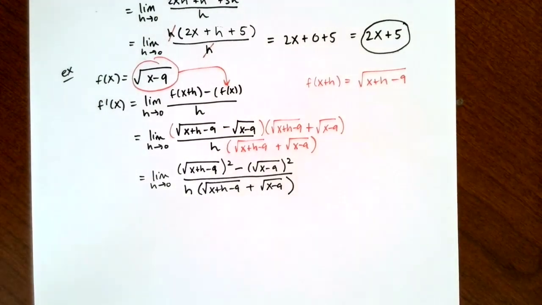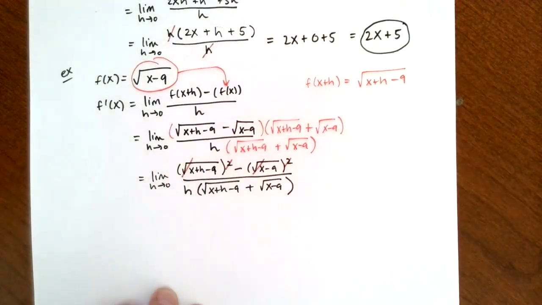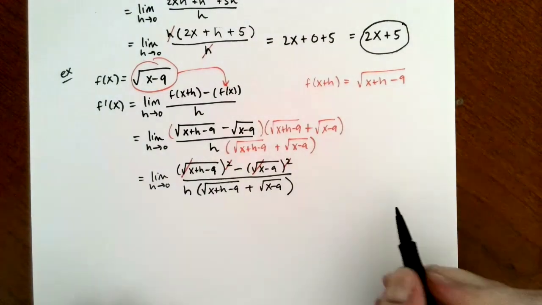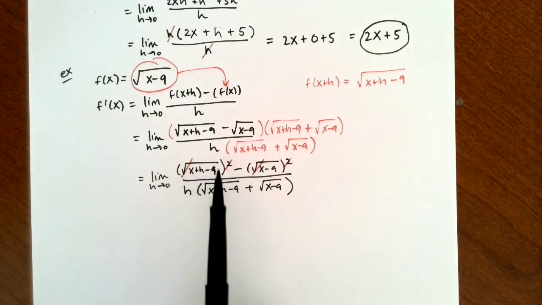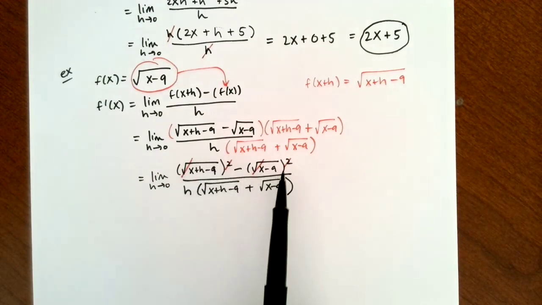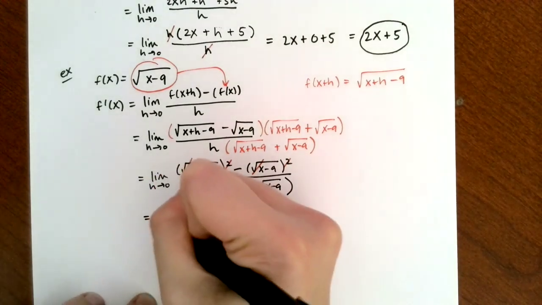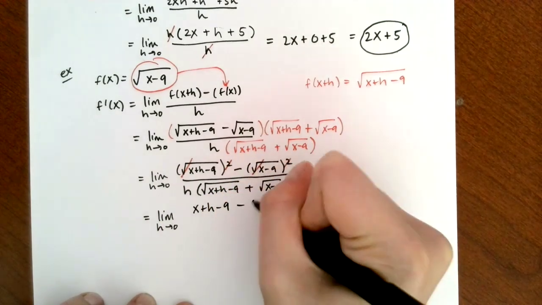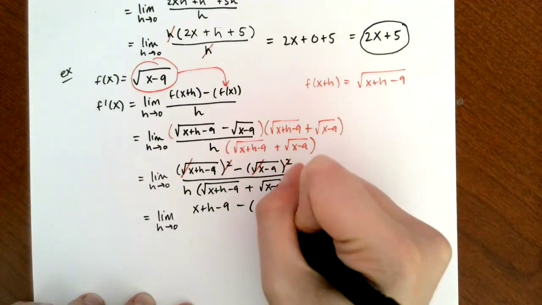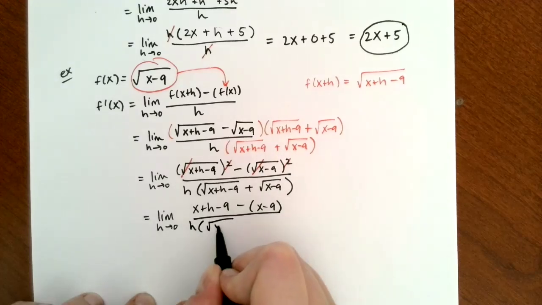Right, so in both pieces of this numerator, the squared and the square root cancel, but the parentheses remain. X plus h minus 9, the parentheses don't have to be there because there's nothing multiplying on it, but in the x minus 9, this subtraction is in front of it, so having it grouped in parentheses will be really consequential. So that gives me x plus h minus 9 minus parentheses x minus 9. And then that denominator stays the way it was.